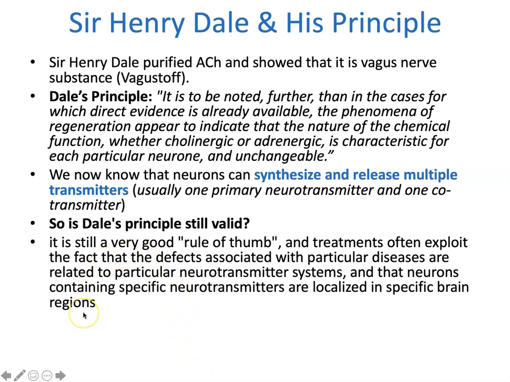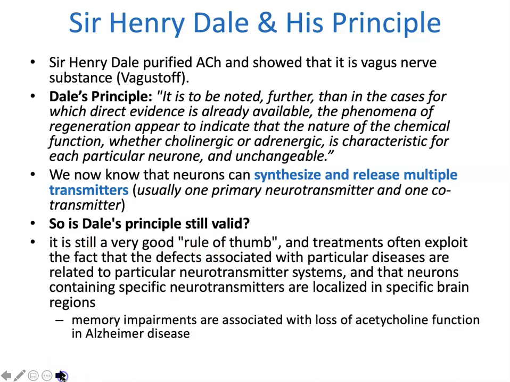We can think of quite a few other dysfunctional problems within the nervous system, like myasthenia gravis, or different myasthenic syndromes that have some problem with acetylcholine either release or acetylcholine reception. So yes, it's a good rule of thumb, but it's not 100% true.